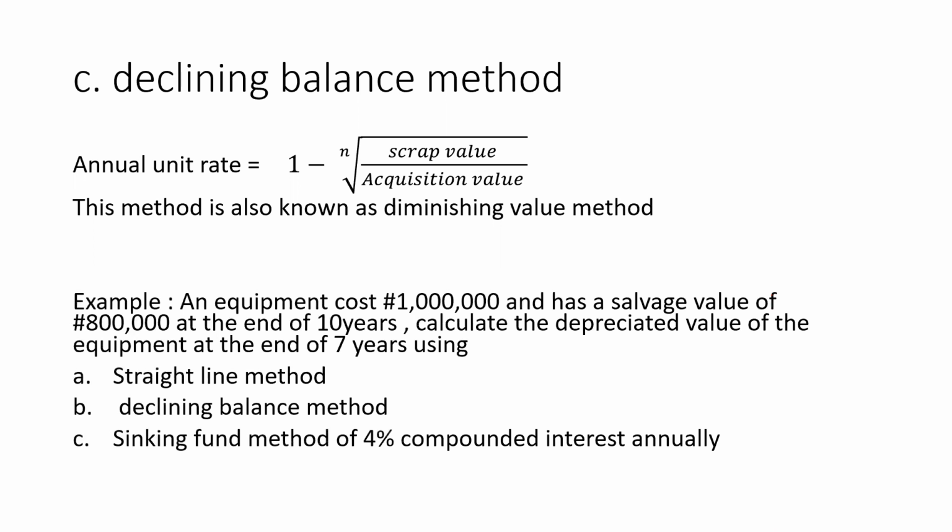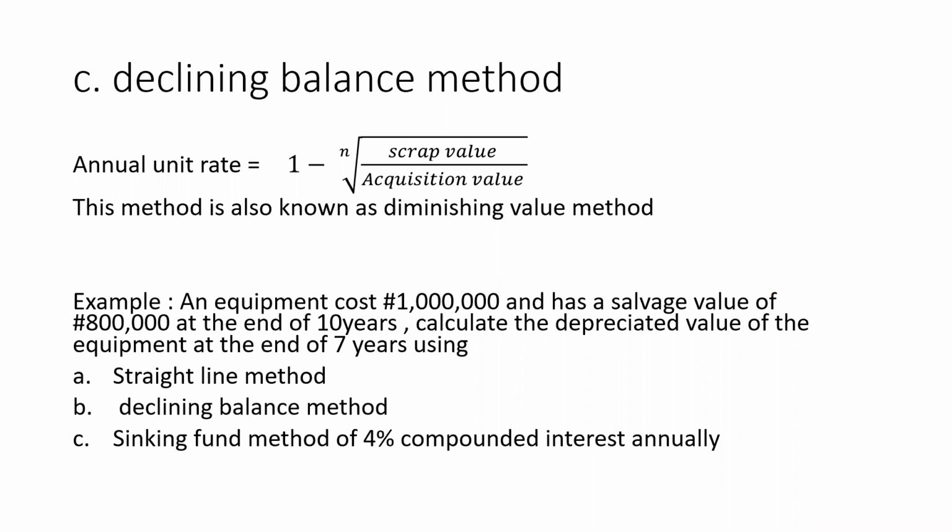So let's solve an example. An equipment costs 1 million naira and has a salvage value of 800,000 naira at the end of 10 years. So it means the initial cost price, the amount I'm buying at, is 1 million naira, and after 10 years, I will be able to sell that equipment for 800,000 naira after buying it for 1 million naira 10 years ago.